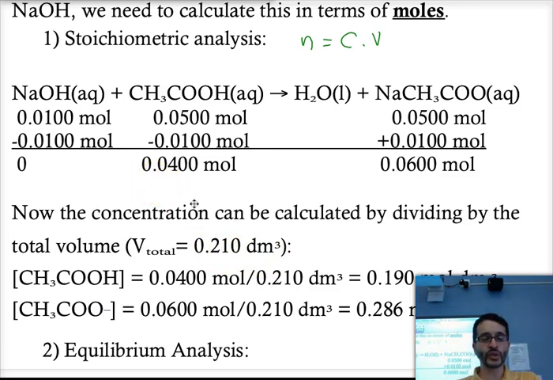Why? We had 0.2 before and we added 10 milliliters, so it's going to be 210 milliliters. We now divide 0.04 by 0.21 and we get the concentration of the acid. We divide 0.06 by 0.21 and we get the concentration of the conjugate base.